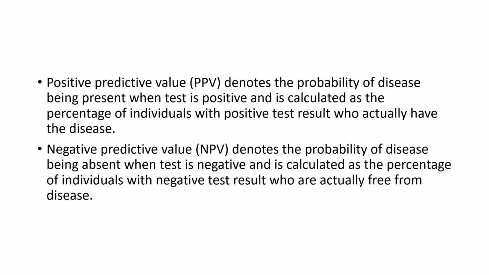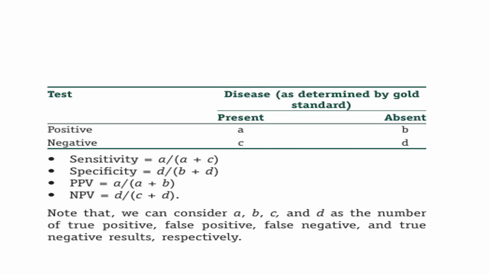It denotes the probability of the disease being present when the test is positive and is calculated as the percentage of individuals with a positive test result who actually have the disease. Negative predictive value denotes the probability of the disease being absent when the test is negative and is calculated as the percentage of individuals with a negative test result who are actually free from the disease.